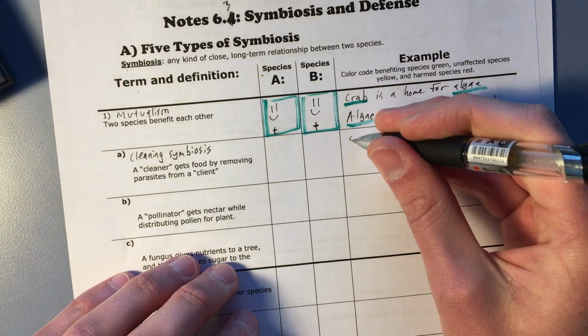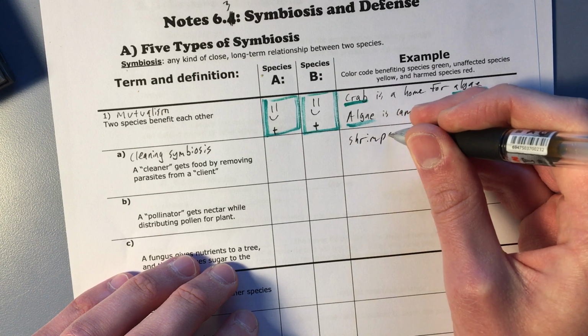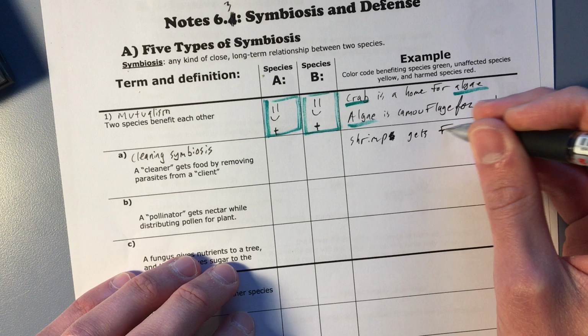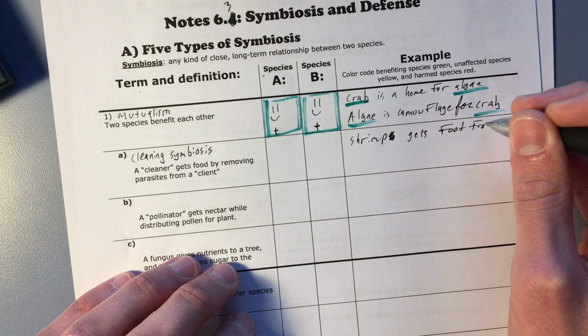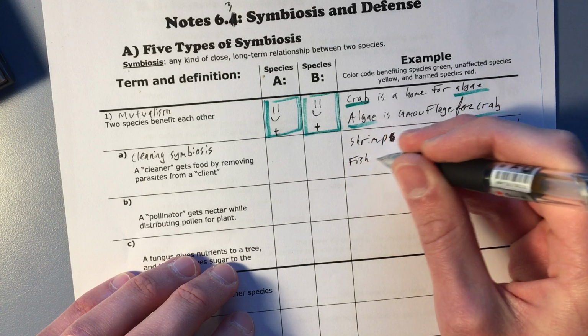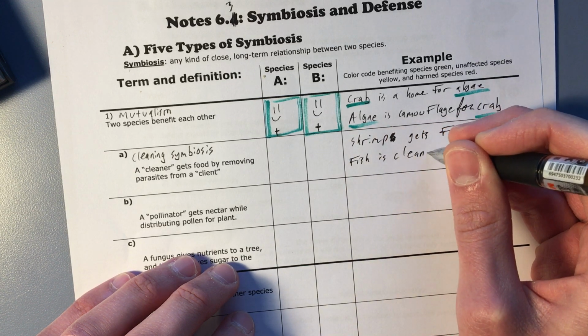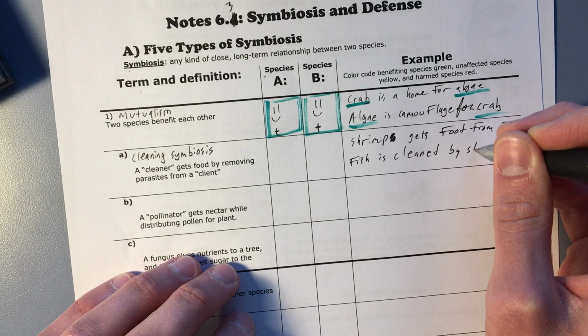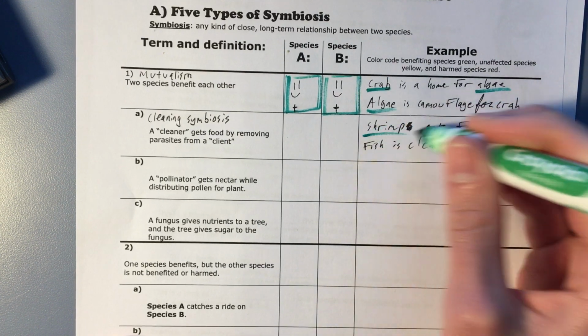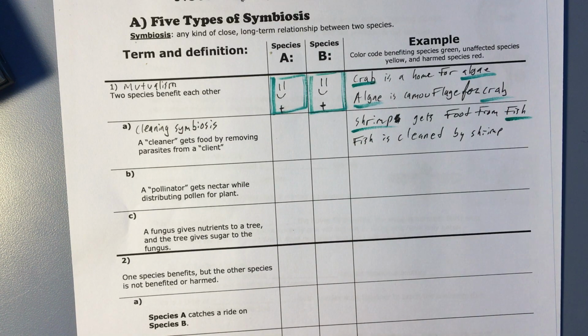So here we could say the shrimp gets food from fish, and the fish is cleaned by the shrimp in the process, okay? So both the fish and the shrimp species experience a benefit. So we'll color code those green.